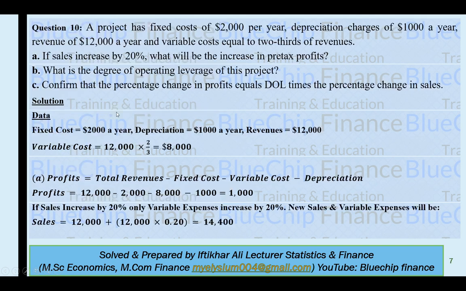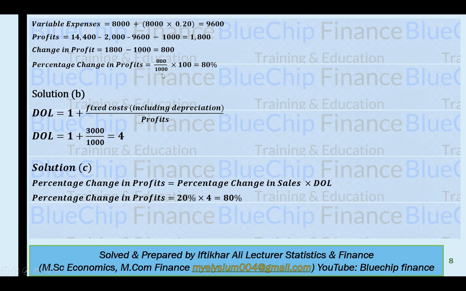In case C, confirm that the percentage change in profits equals DOL times the percentage change in sales. As we calculated manually here, the percentage change in profits after the increase of 20% in sales was 80%. So now we confirm through the second question's formula that percentage change in profits equals percentage change in sales multiplied by DOL.